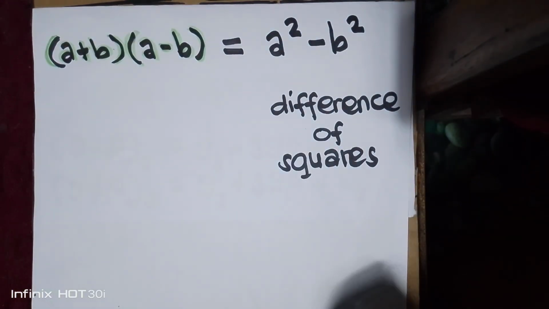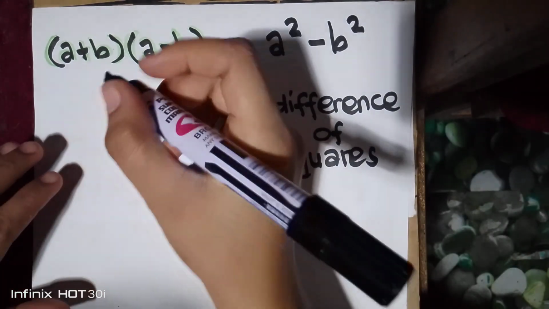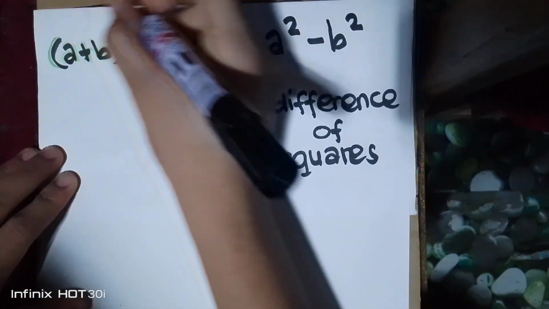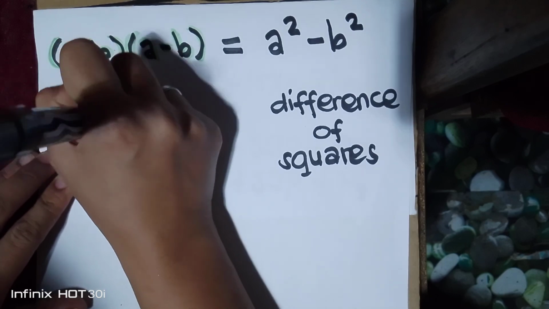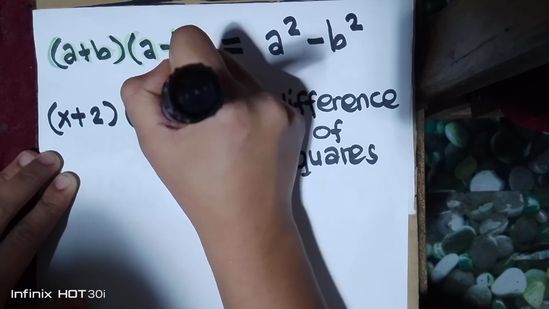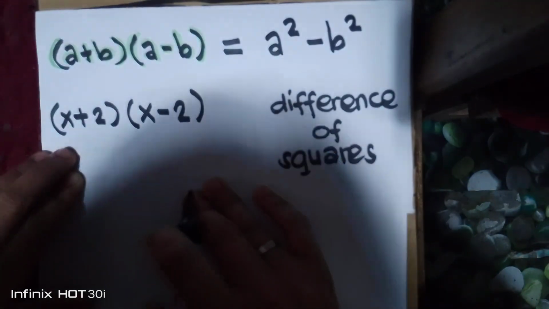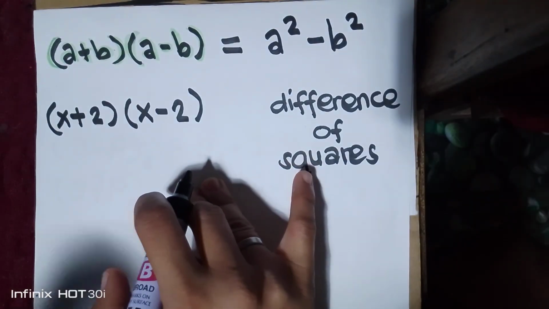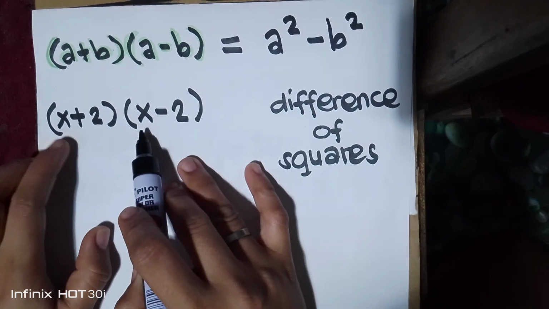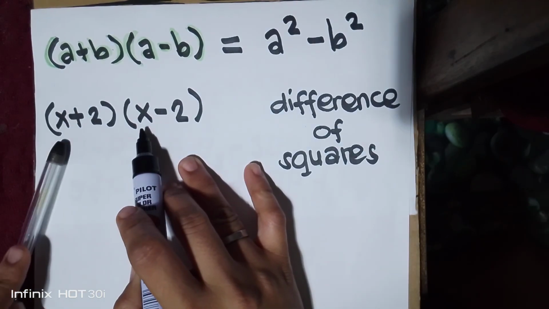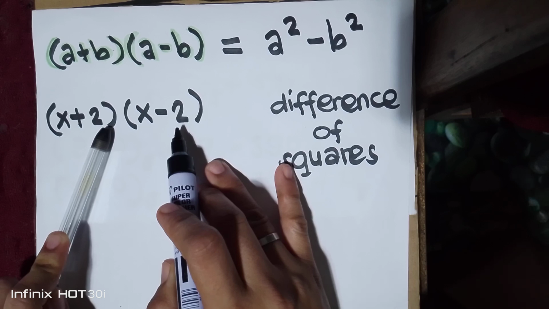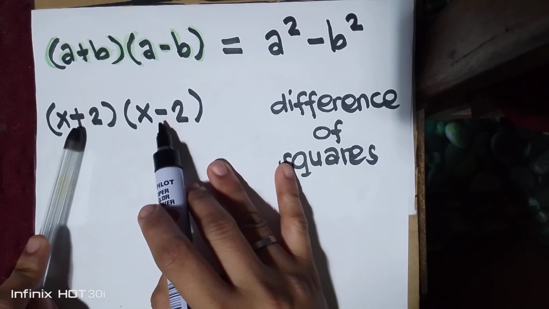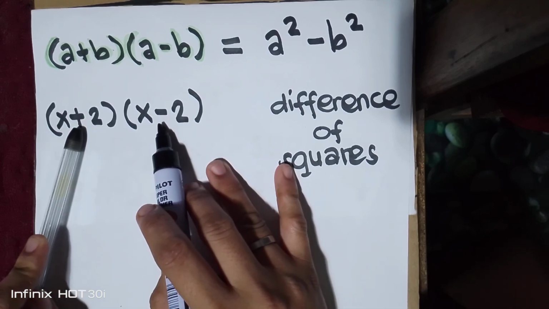So for example, we have x plus 2 and then x minus 2. So we're going to check if the first terms are the same and the last terms are also the same, but their operation is opposite.